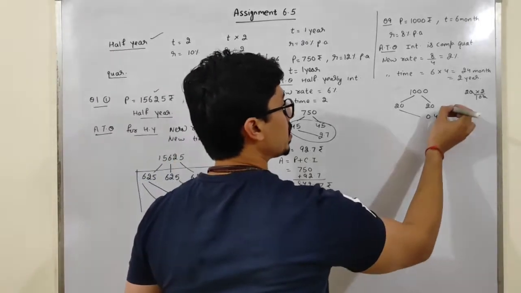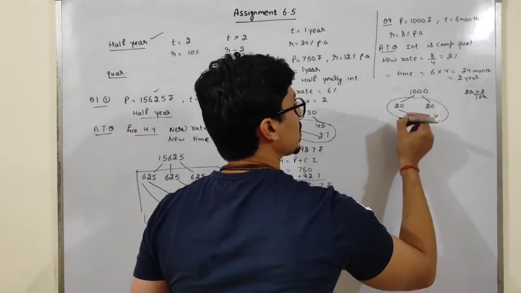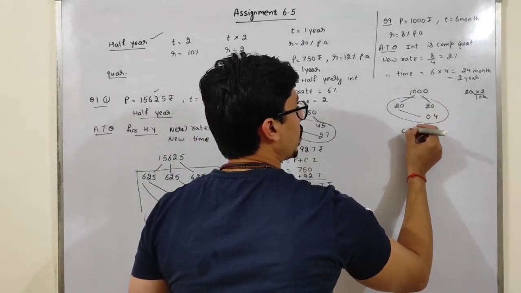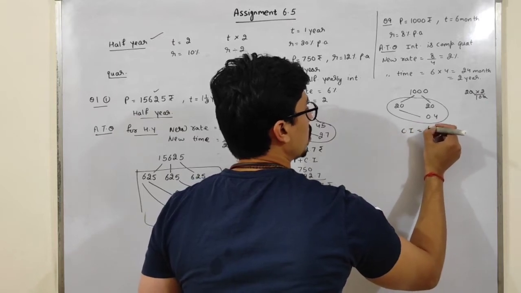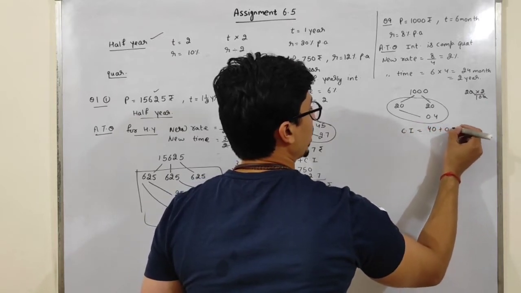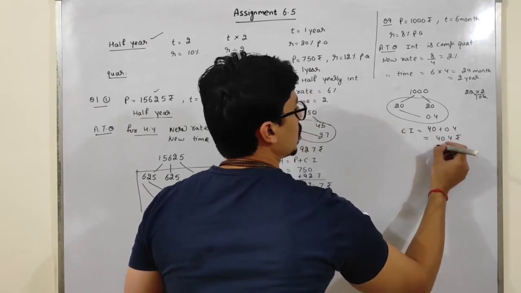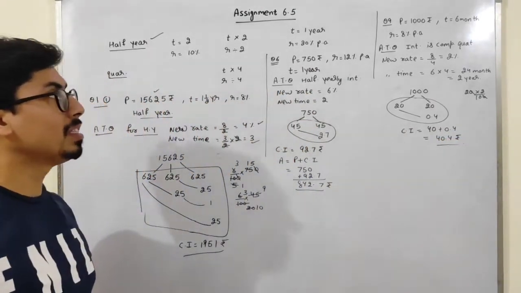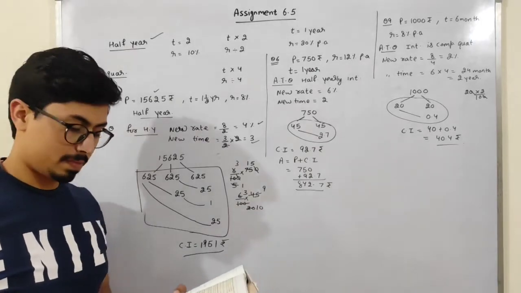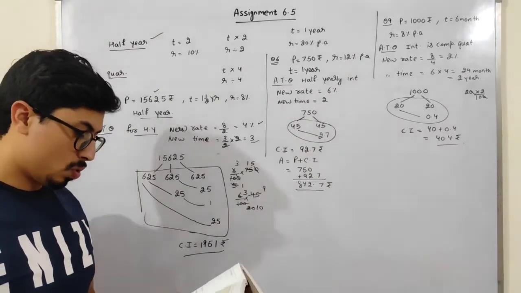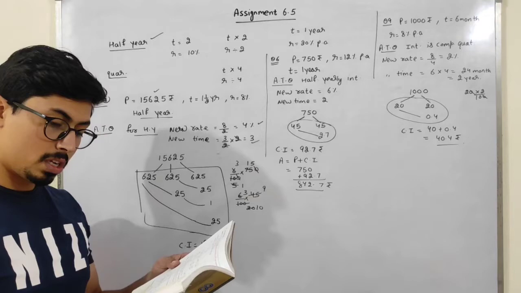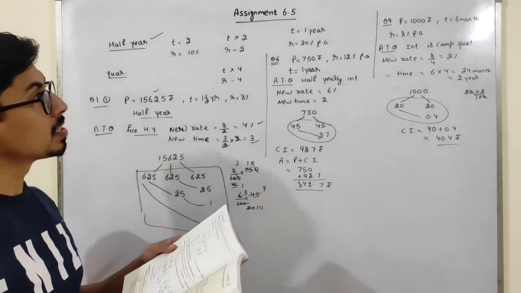Just add these. So the compound interest is equals to 40 plus 0.4, that is 40.4 rupees. So 40.4 rupees is my required answer. So this is our question number 9.